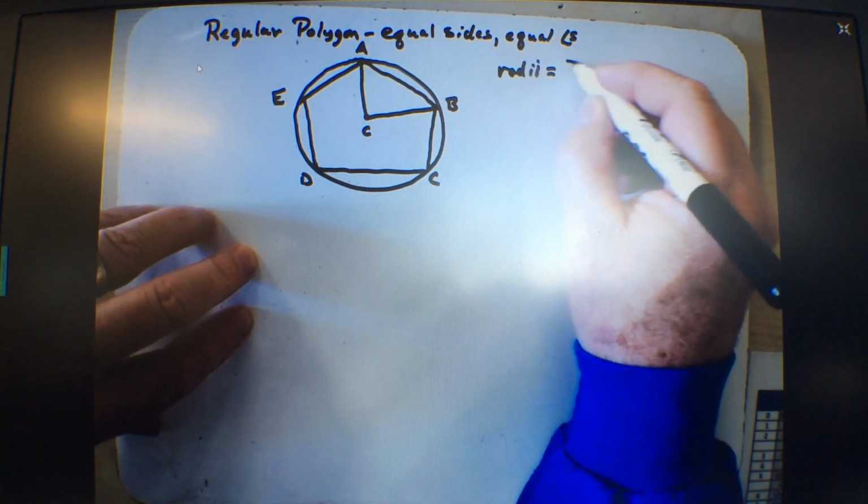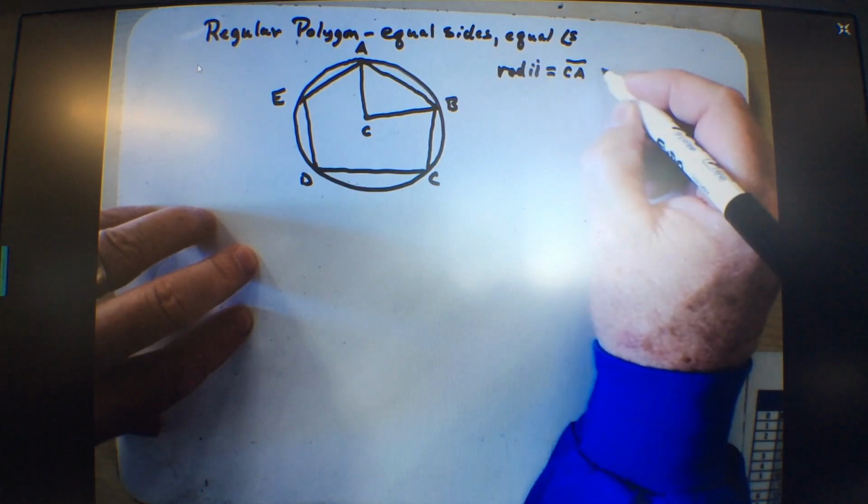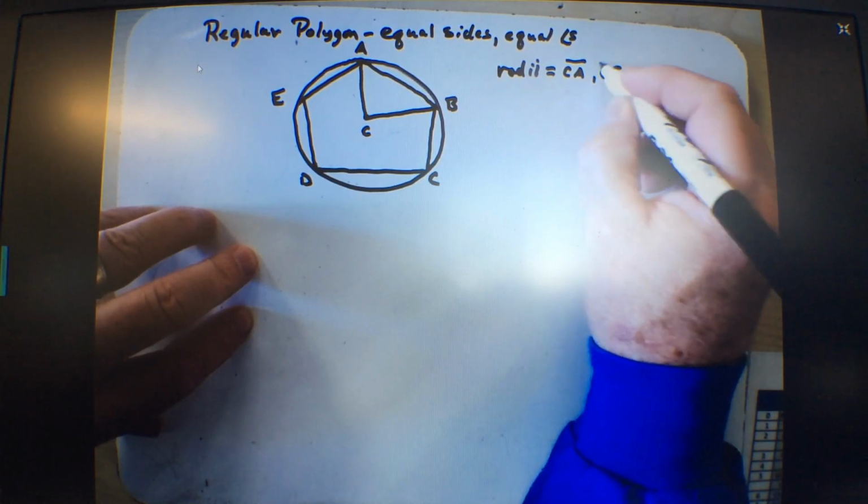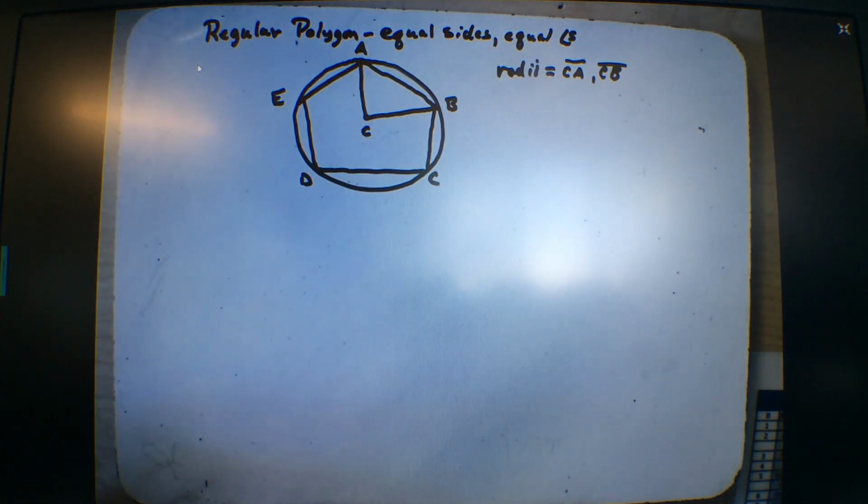The first one is CA, and then CB. Either one of those I could list, right? And they're equal, right? Because they're radii? Do you agree? Yes. Okay. Can I spell that? R-A-D-I-I. Okay.